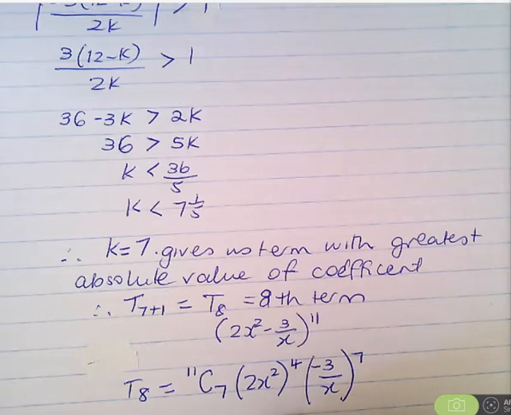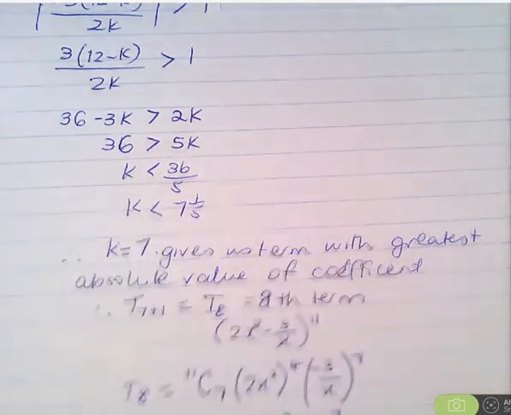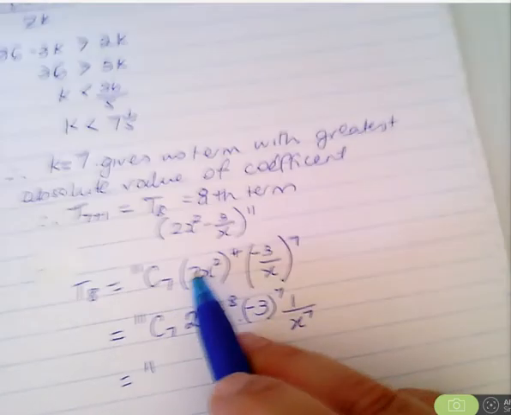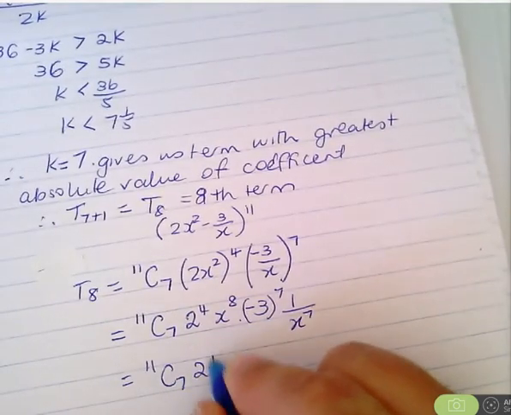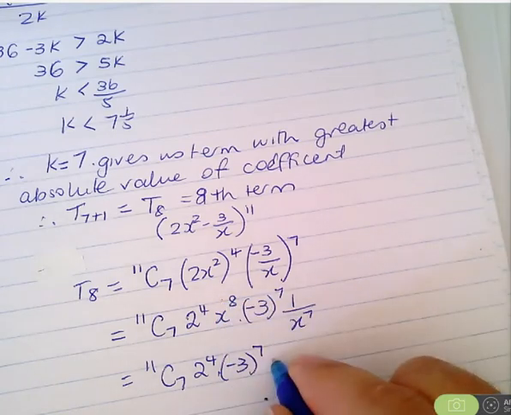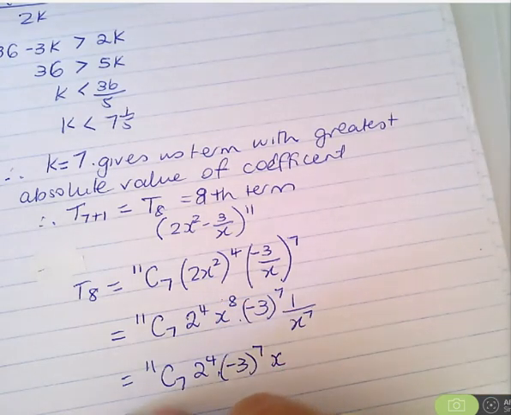Again, we've got 2 to the power of 4, x to the power of 8, times -3 to the power of 7, times 1 on x to the power of 7. So I've just broken these up: 11c7, 2 to the power of 4 times -3 to the power of 7. x8 over x7 is x.